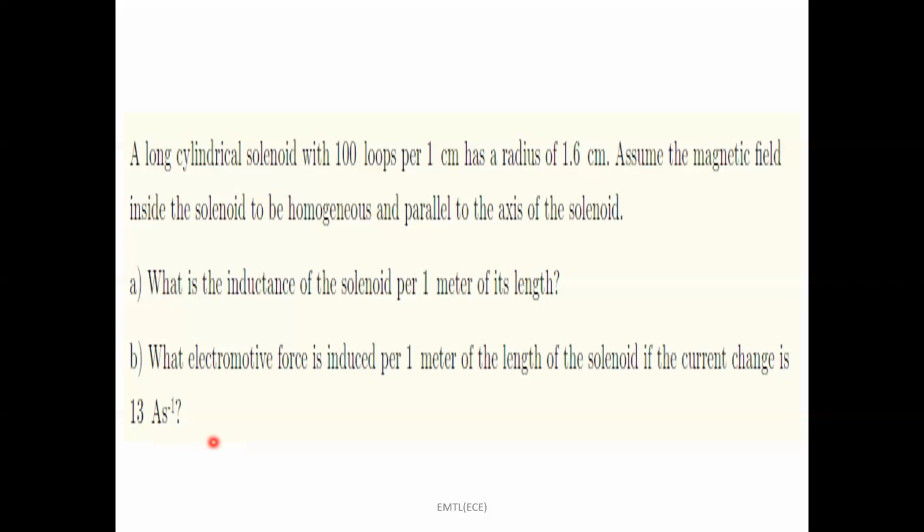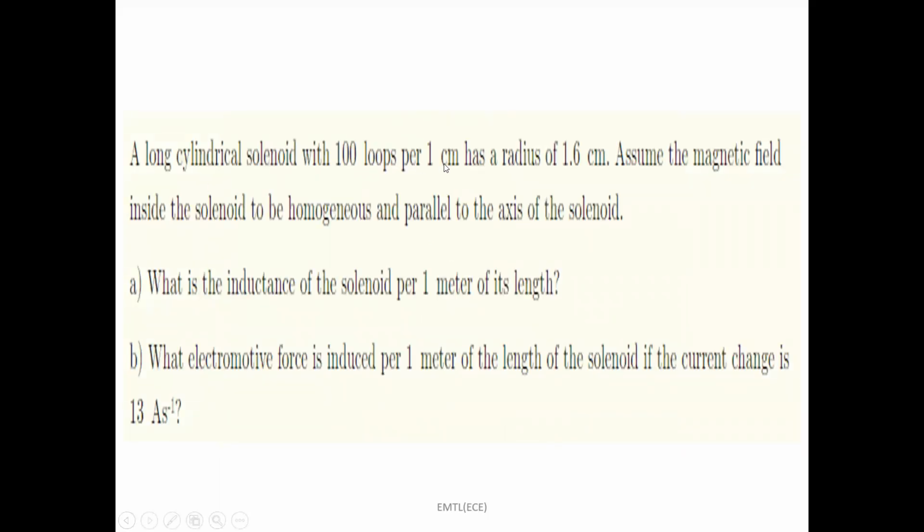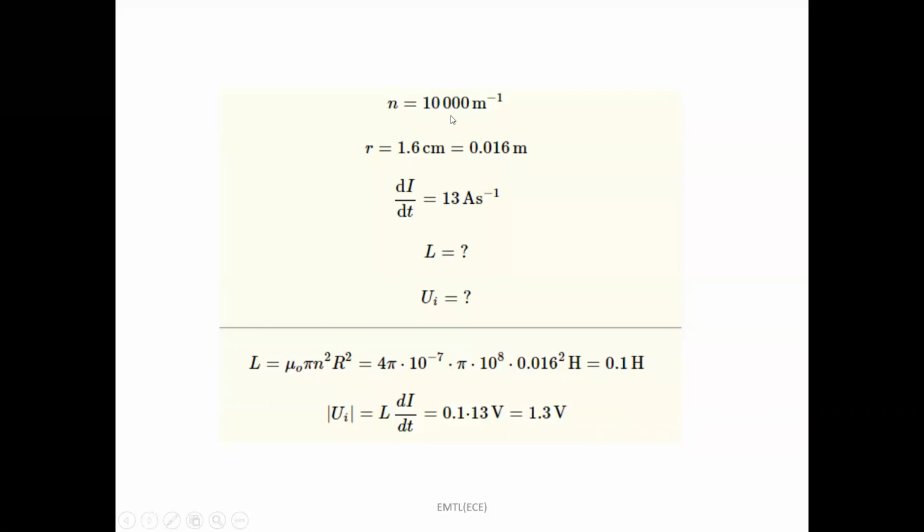So here, first of all, we discuss the given values in this problem. The given values are n, the number of turns. According to the problem, 100 loops per 1 centimeter, so 100 per 0.01 meters, which changes into 10,000 per meter.